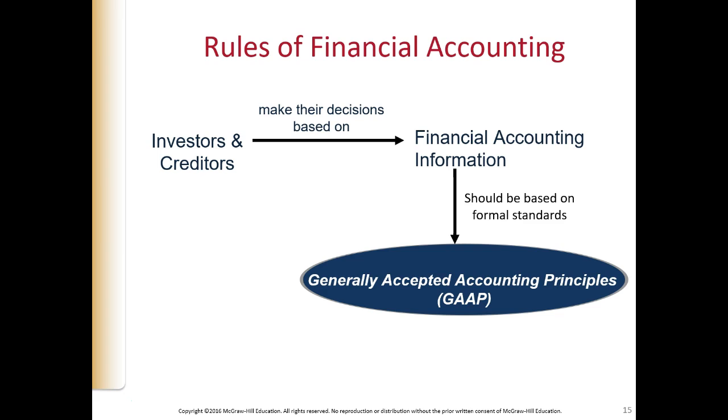And so to do this, we need to use some kind of formal standards to present accounting information. These are called Generally Accepted Accounting Principles, and these are the standards we use in the U.S. So GAAP, yes, it's pronounced GAAP, G-A-A-P, and these are the main rules, standards used in financial accounting in the United States.